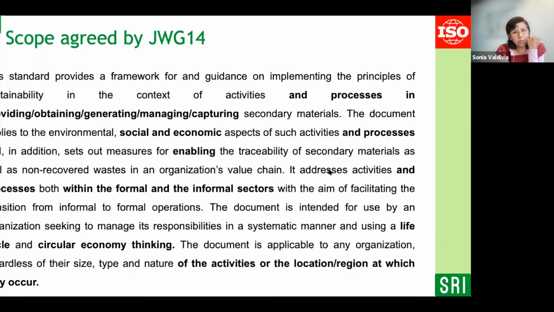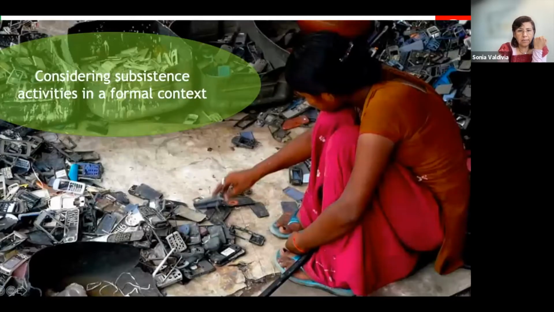But very important is also that we will address both formal and informal sectors with the aim to facilitate a transition from informal to formal operations. This is very innovative when you talk in ISO about these topics. We have to follow the life cycle thinking principle, like the circular economy principles as well. So these are the main elements of this standard to be highlighted.